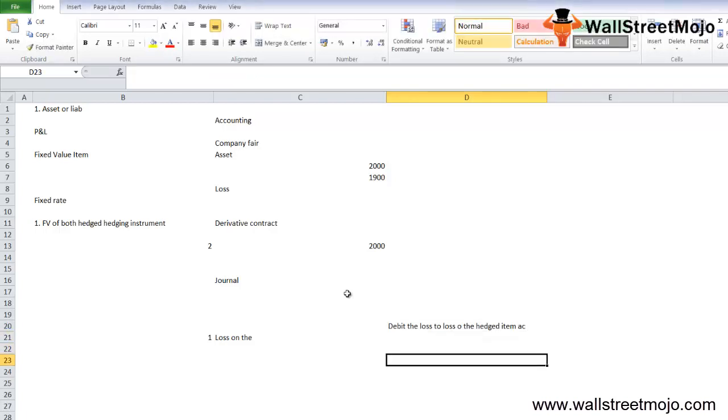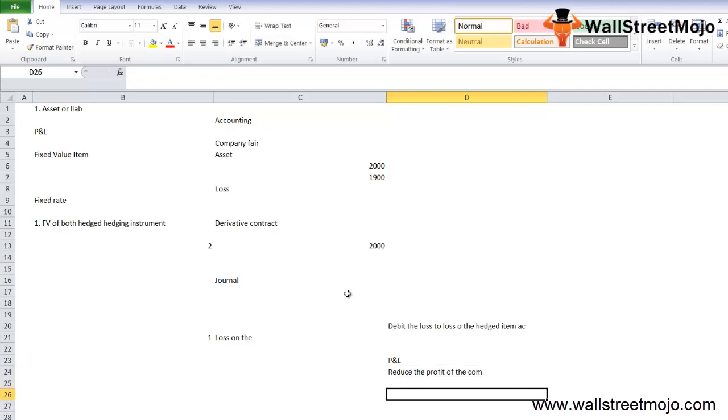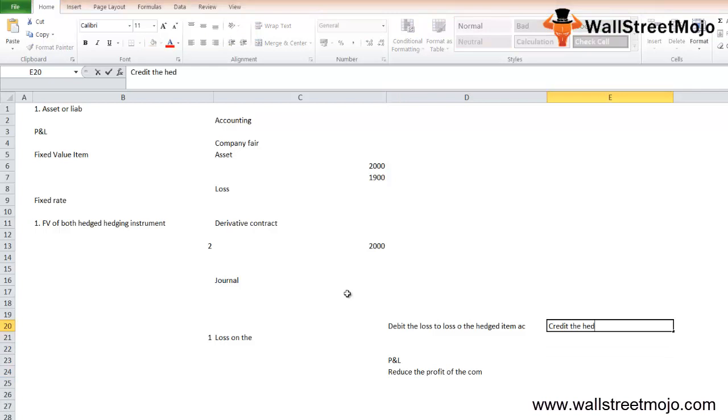This will have an effect on the profit and loss account, and it will reduce the profit of the company. Then we credit the hedged item, since this is an asset and the value of the asset will go down, and this will affect the financial position, that is the balance sheet of the company.